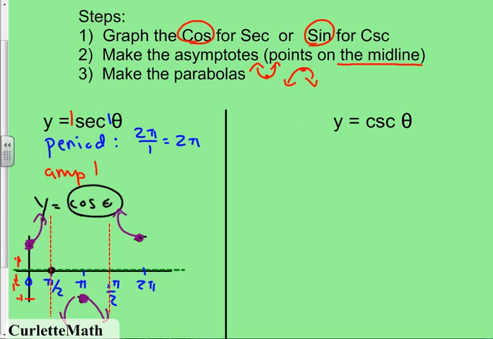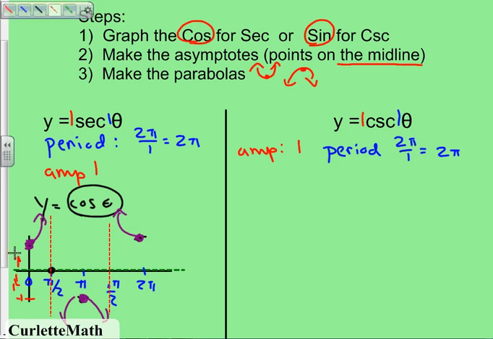Now let's look at the cosecant function. We need to label in our amplitude, the number in front of our trig function. That's 1. Our period is 2 pi divided by the 1 in front of theta, which gives me 2 pi.